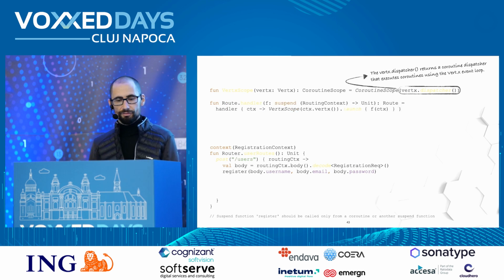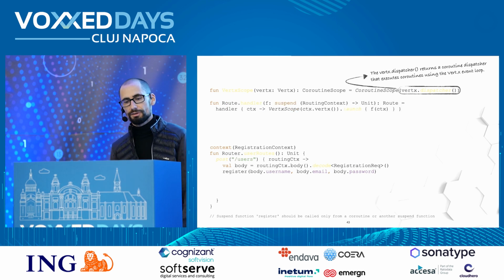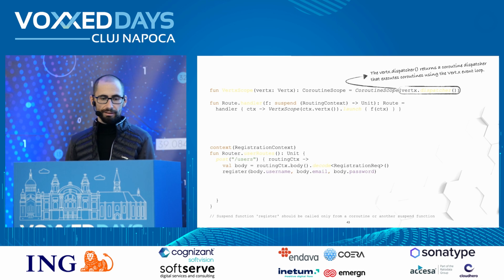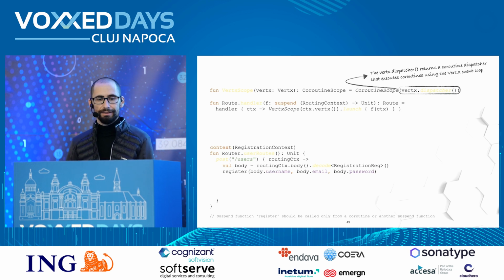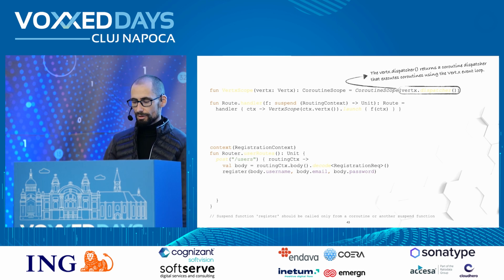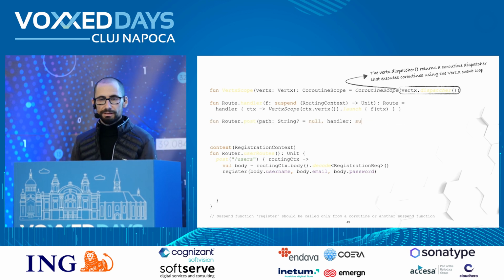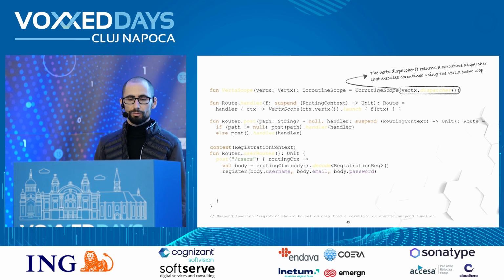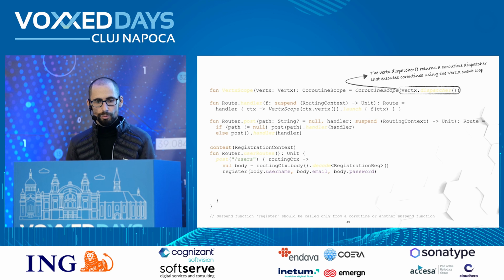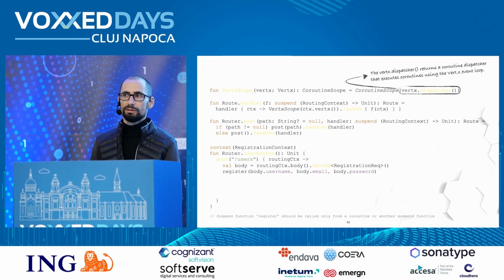Another thing we have to do is write an extension function over the Vert.x route, and that extension function should be able to handle suspendable functions. As you see here, we're using the Vert.x scope, and inside the Vert.x scope, we are launching our function. The last thing we need to do is create an extension function over the Vert.x router to be able to use the handler that we've defined above.